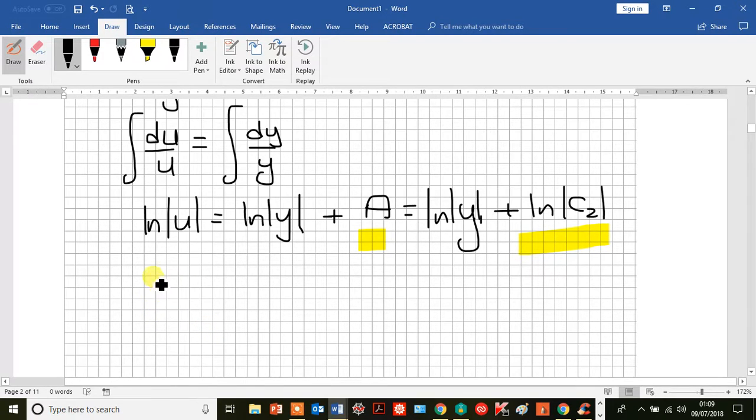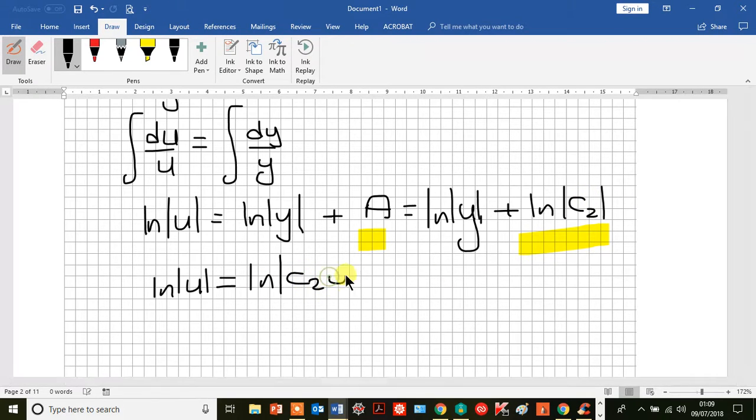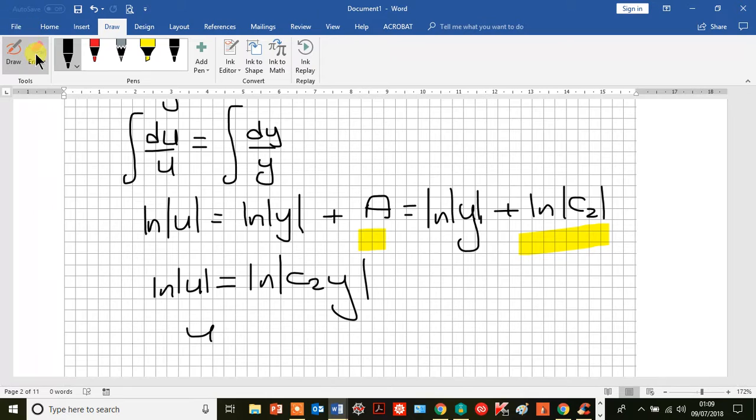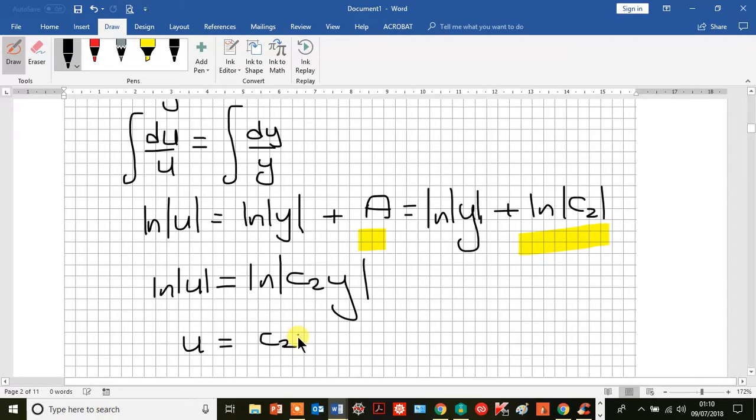So we've now got the log of u equal to the log, and by the law of logarithms we can multiply this y and this c together to get c2y inside the argument of the logarithm, which means that we have u equal to c2y, okay? But we're not finished.